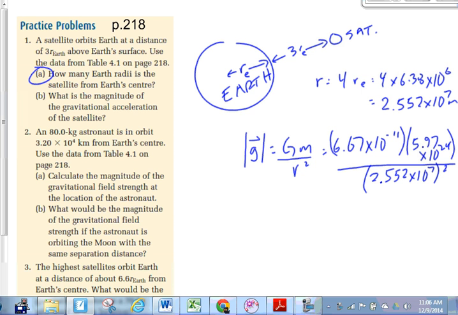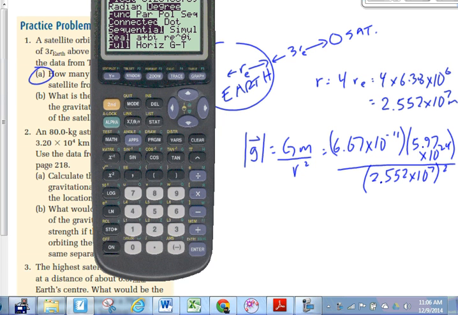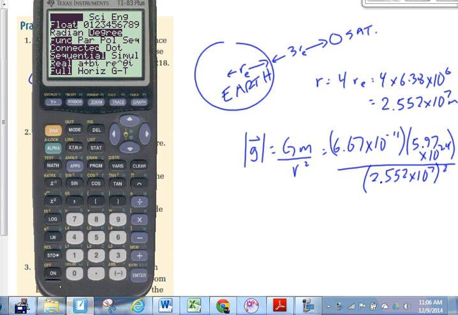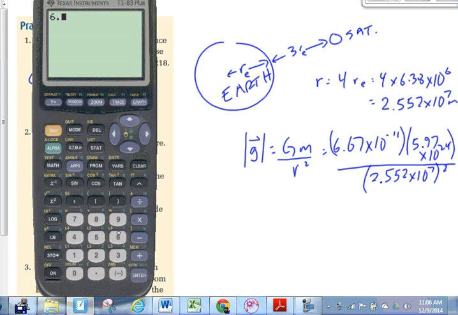Let's do this on our calculator to make sure you can do this correctly. Let's say 6.67 times 10 to the minus 11 times 5.97 times 10 to the 24. Let's divide that by, let's use some brackets here, 2.552. Louis, what's wrong there? No, I think it's 5.97. Pretty sure it's 5.97. Check your data sheet again.